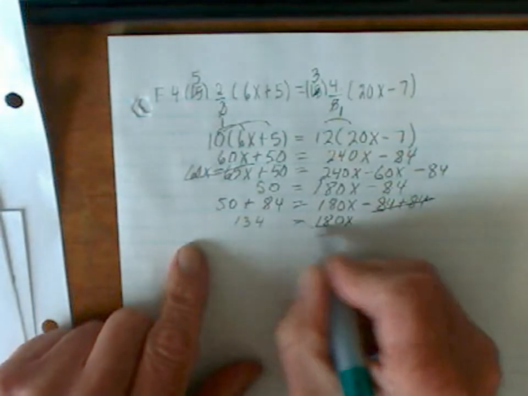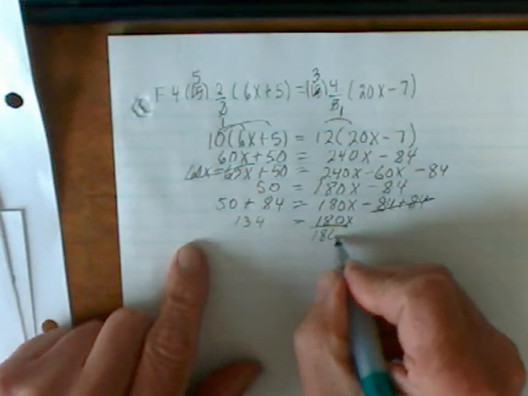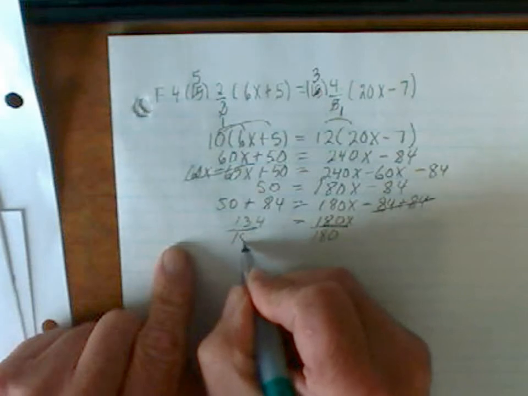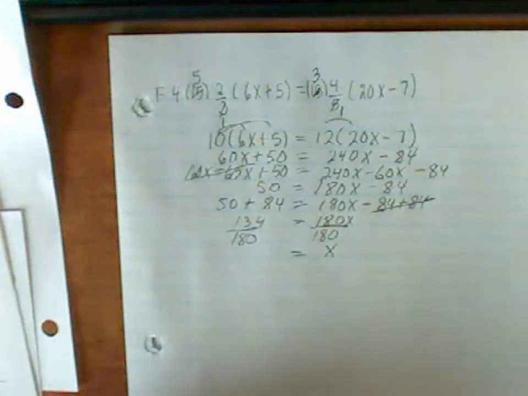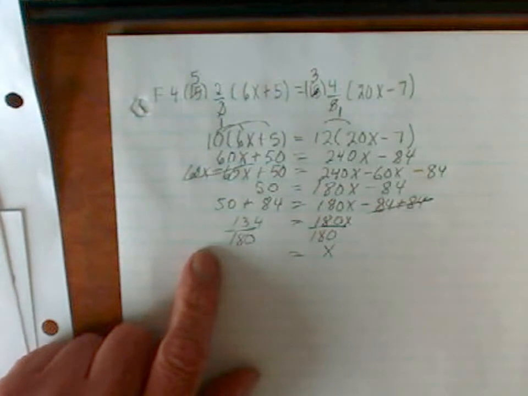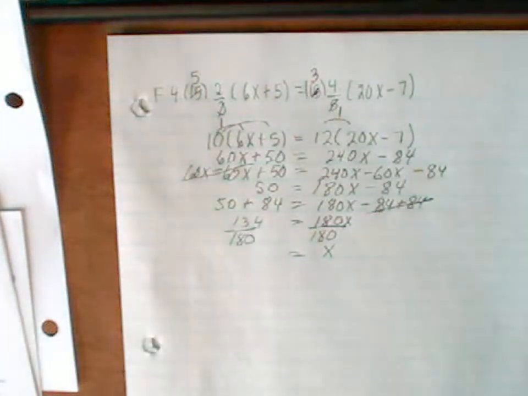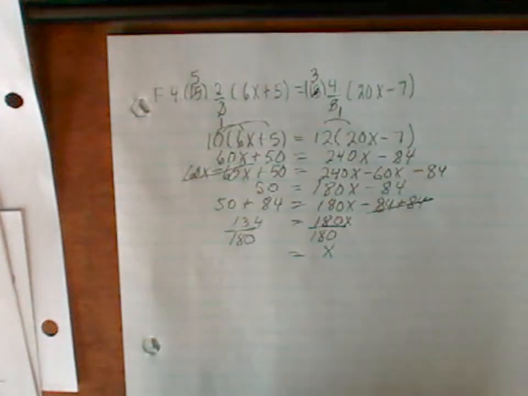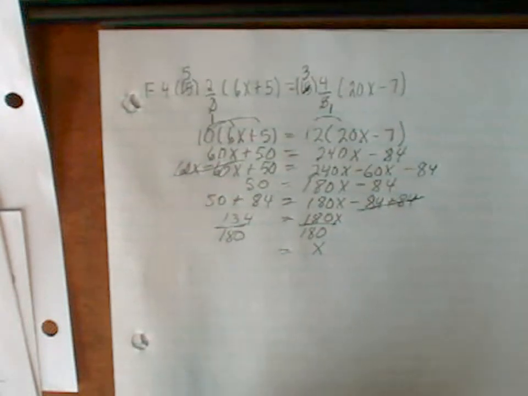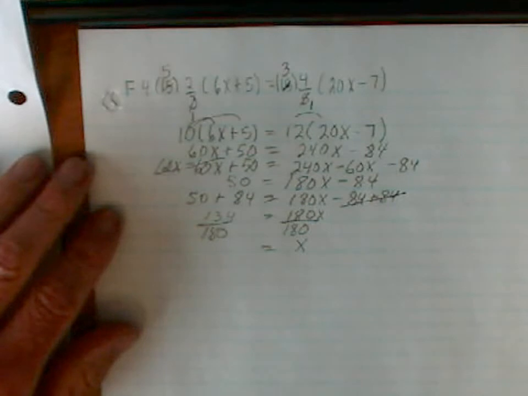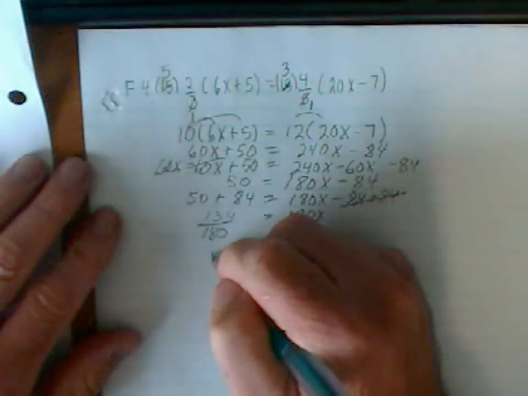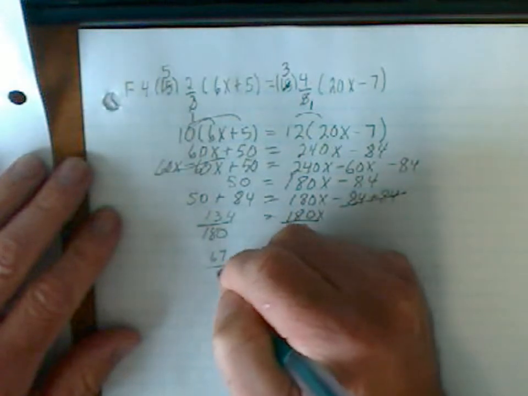We need to divide both sides by 180. How can we reduce that? I think we can, because they're both even numbers. Of course, I don't have a calculator. So half of 134 is going to be 67 over 90.